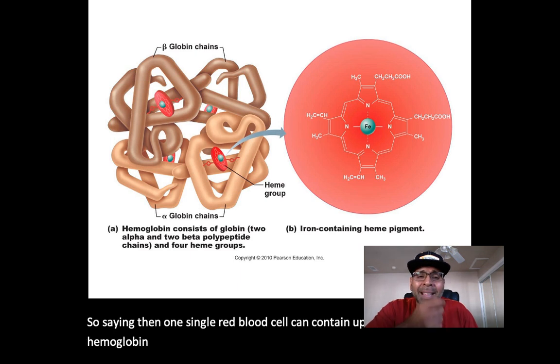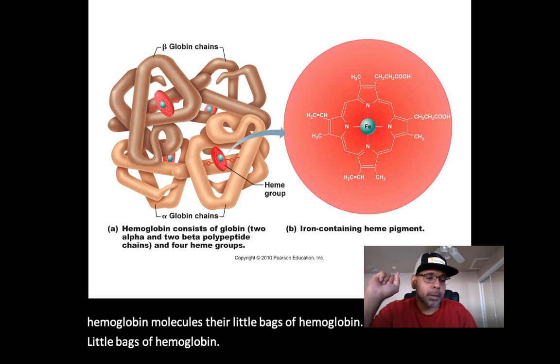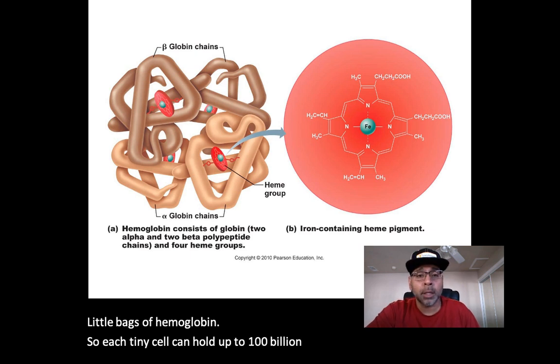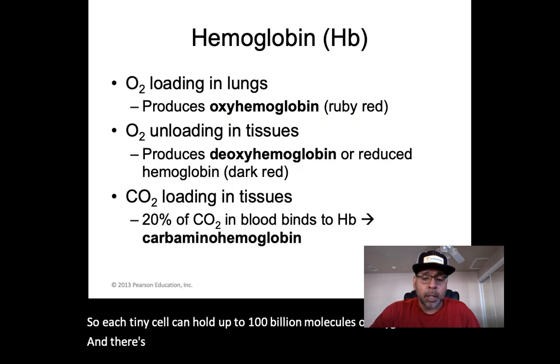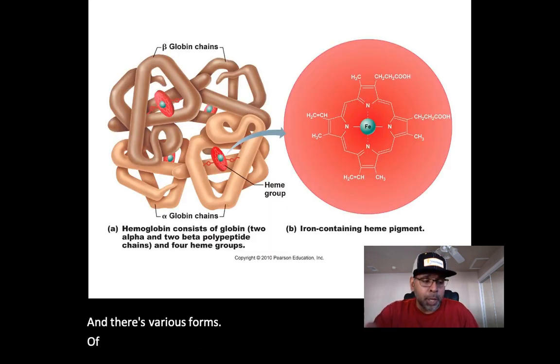They're little bags of hemoglobin. So each tiny cell can hold up to 100 billion molecules of oxygen. And there are various forms of hemoglobin, and we'll check those out in a second.